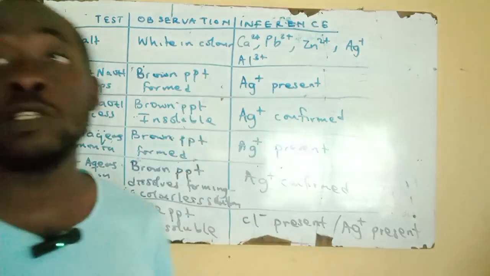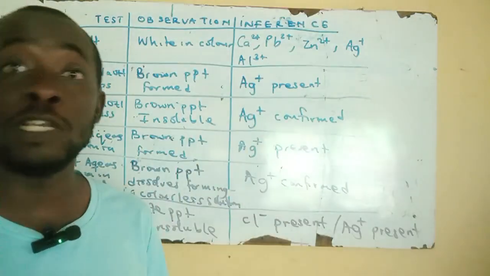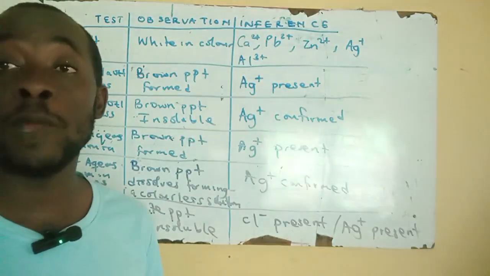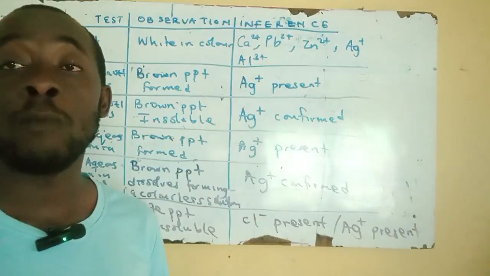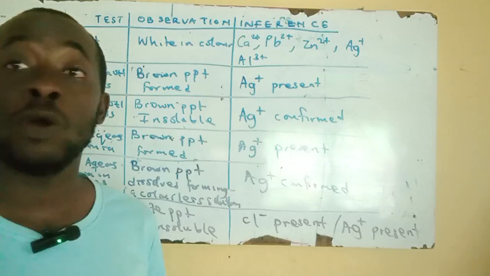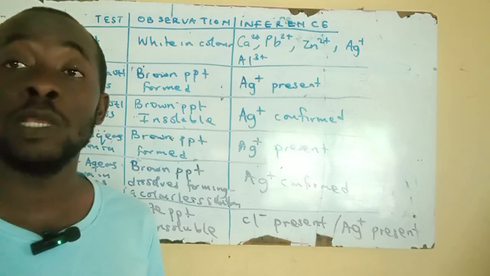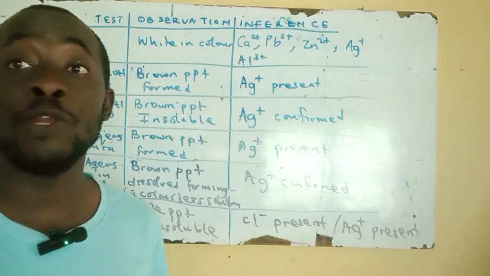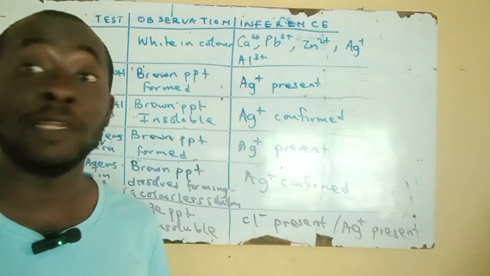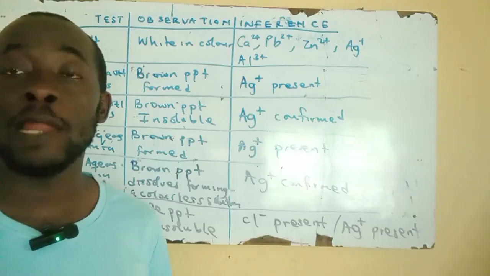The source is going to be silver, and the reagent that we are going to use is either sodium hydroxide, aqueous ammonia, or barium chloride. They can use two of them and they can use all three of them. But those are the things that we are likely going to get.